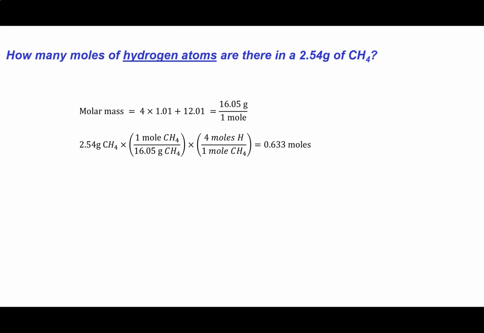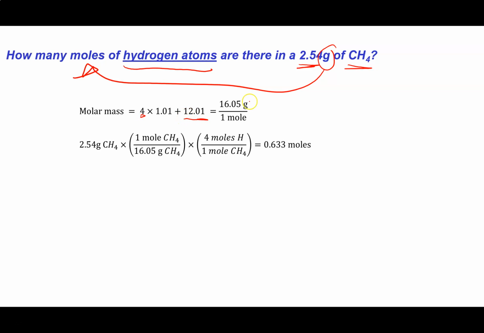Now we're going to step it up a little bit. We're going to ask how many moles of hydrogen atoms are present in 2.54 grams of methane. So I know that to convert between grams and moles, I need the molar mass. So what I'm going to do is go ahead and calculate the molar mass of methane. I've got 4 hydrogen atoms and 1 carbon atom.